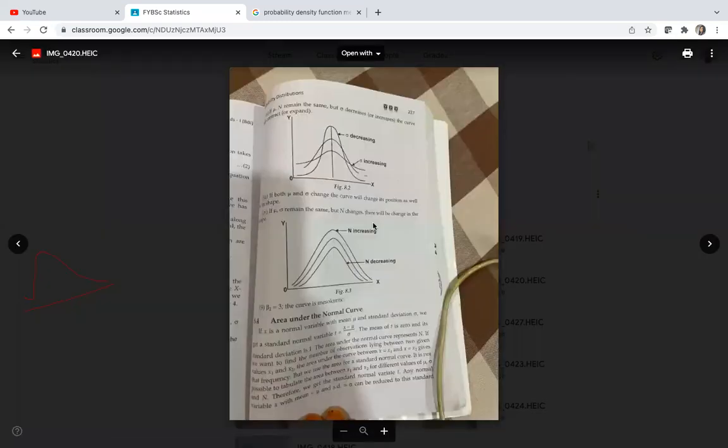Then we said that as n and mu remain the same, when the deviations keep increasing, the curve becomes flatter. When the deviations keep decreasing, the peakedness of the curve is higher. Do you understand, class? Same way, when the number of observations is increasing, what will happen?